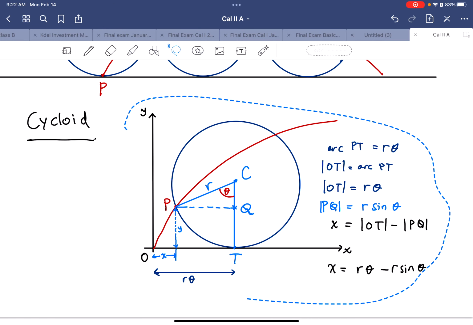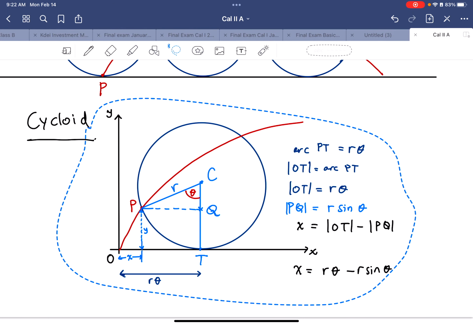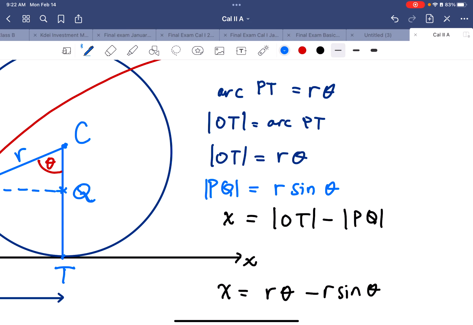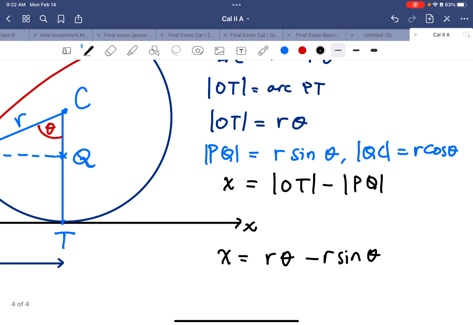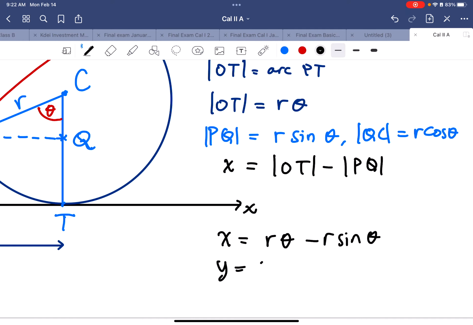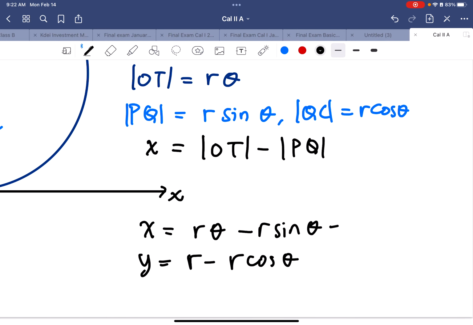Let me move this a little bit right here. So QC, so y is r minus r cos theta.